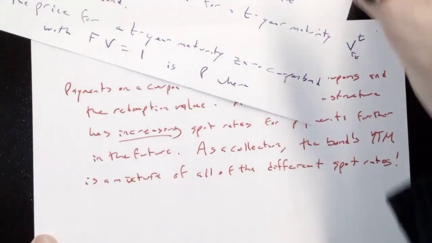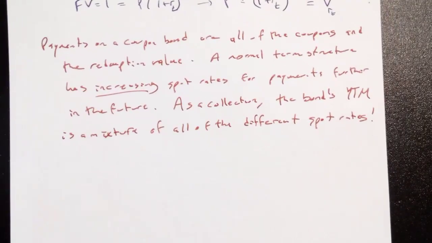So yield is not just one decided on number, it's a mixture based on our expectations moving forward in the future. So let's think about what this would look like algebraically.